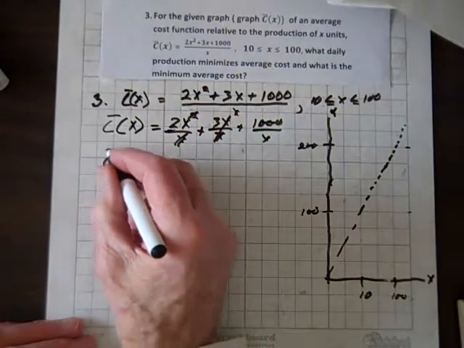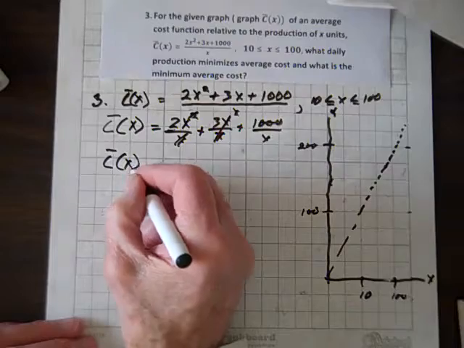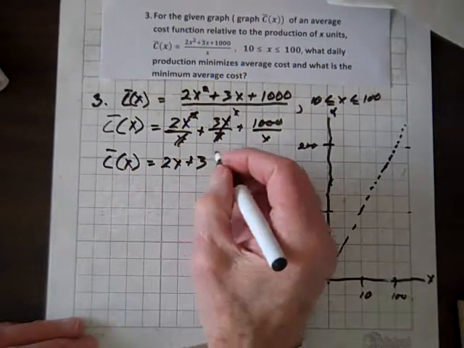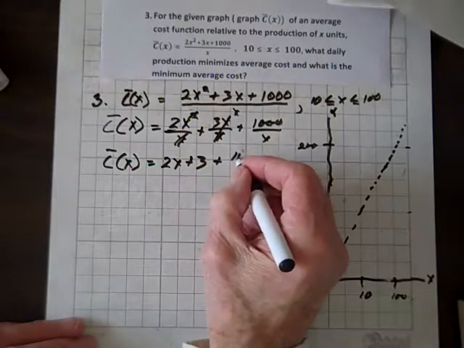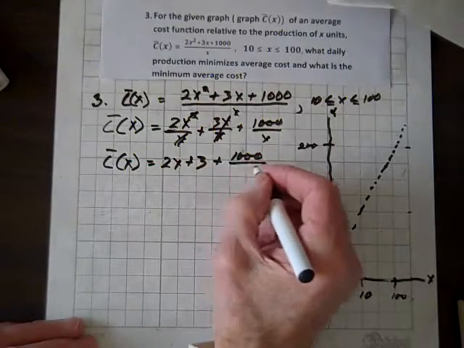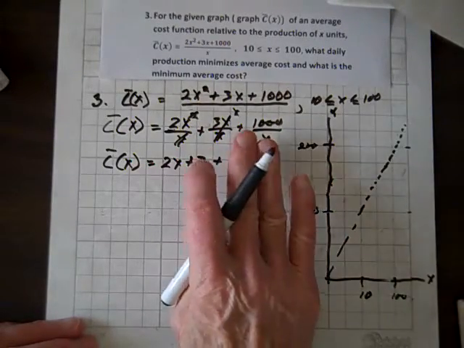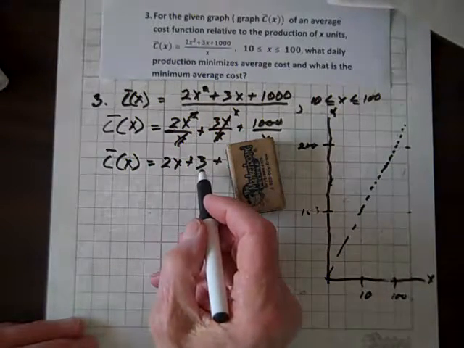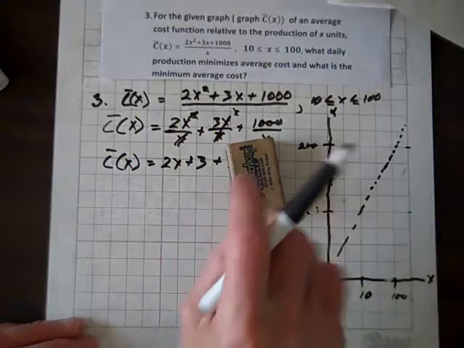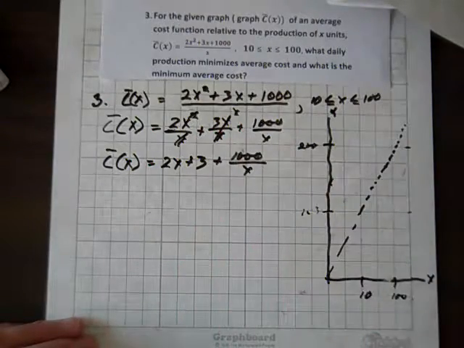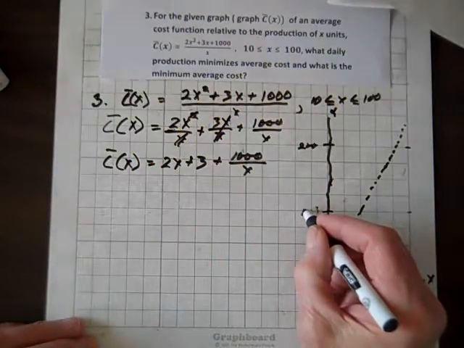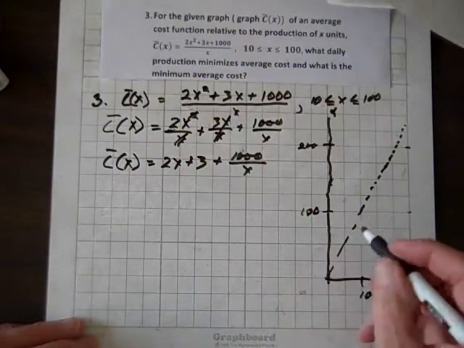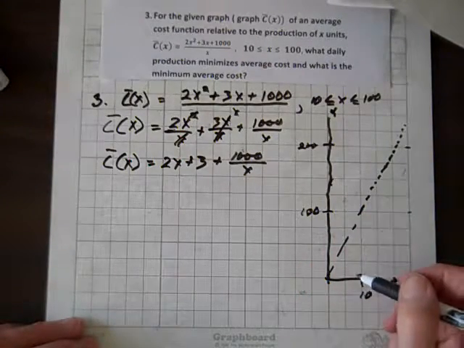And so we get c bar of x equals 2x plus 3 plus 1,000 over x. So if we cover this up, 2x plus 3 happens to be the oblique asymptote for this function. When you graph it, that's 100. And I've graphed that right here.